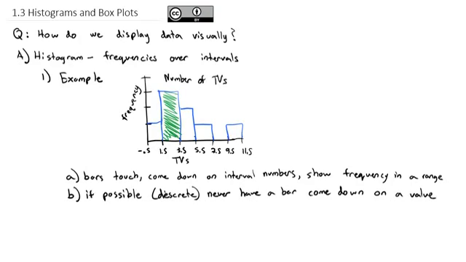If a bar came down on 4 TVs, I wouldn't know if that 4 goes in the left bar or the right bar. So instead, I make sure my bars come down staggered from actual data values, in this case, by 0.5. And you also notice I took care to give a title to my graph and labels for the x and y axes. Title and labels are important.